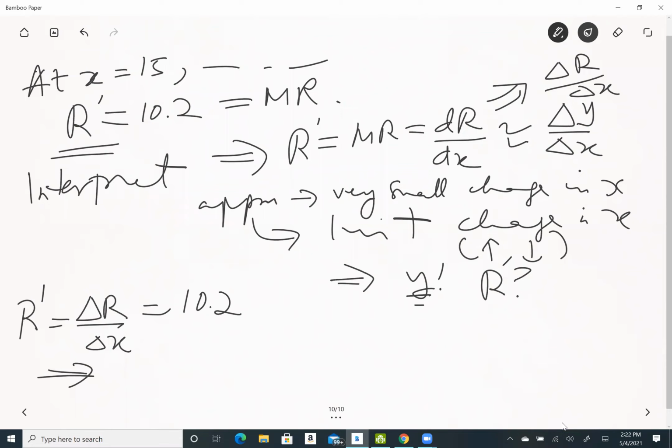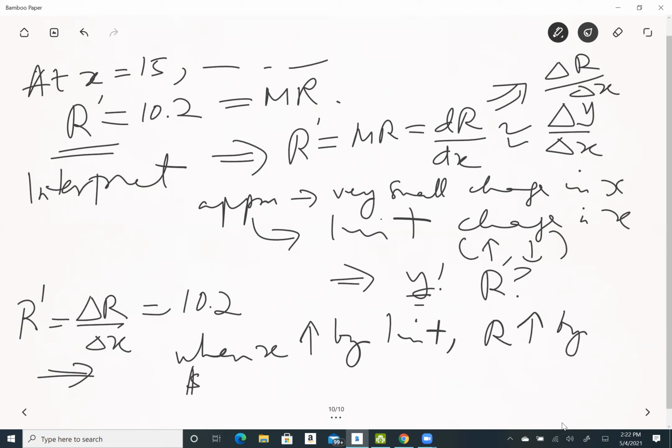So we use that concept. So here, when x increases by 1 unit, the revenue will increase by how much? By $10.2. Now, this x is, as we already know, the number of flash drives in units. So you can say when the number of drives increases by 1 unit, revenue will increase by $10.2.